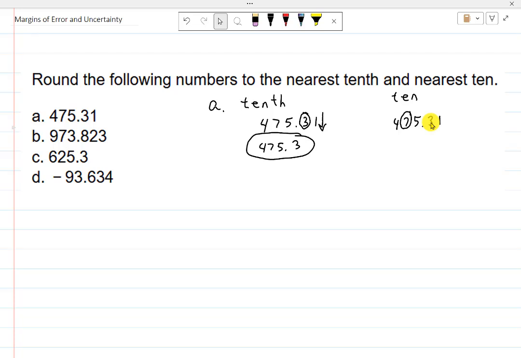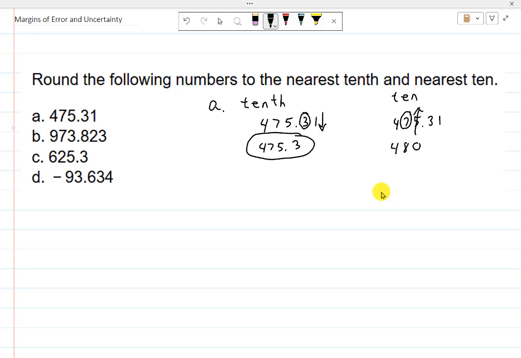It starts in the tenths, so it's not completely balanced here, so be careful. So my 10 spot is that 7 there. It's either going to turn to an 8 or it's going to stay the same. This 5 that comes after it tells me to round up. So that means I'm going to have 4, 8, and then 0.